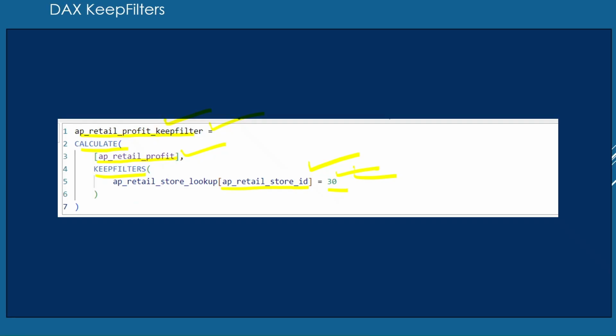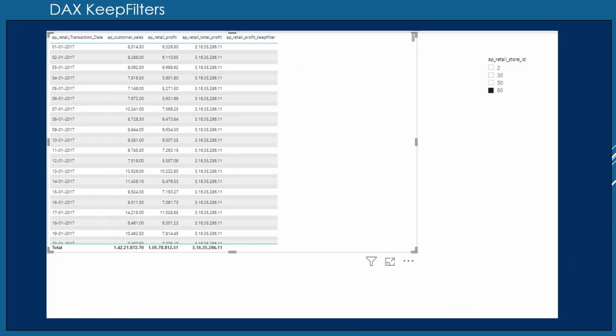Let me go to the PPT. Here I have also created a visualization. So if I am just selecting this 80, I have created a slicer, and in this slicer I am just selecting store ID 80.